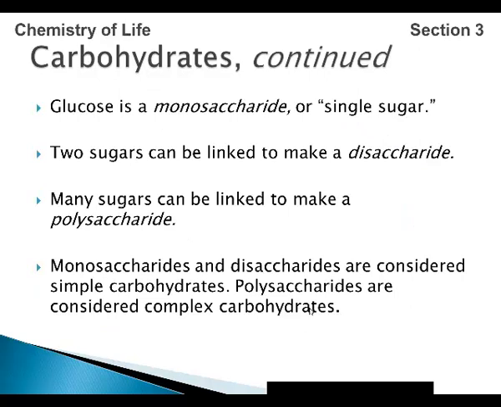Glucose is a monosaccharide. It is about the most simple sugar that we can possibly produce. Two sugars that are linked together are called disaccharides. So a monosaccharide, mono being 1, disaccharide being 2, and then many sugars that are linked together are called polysaccharides.